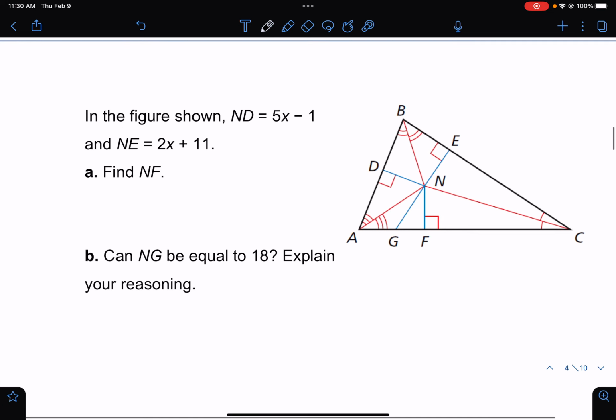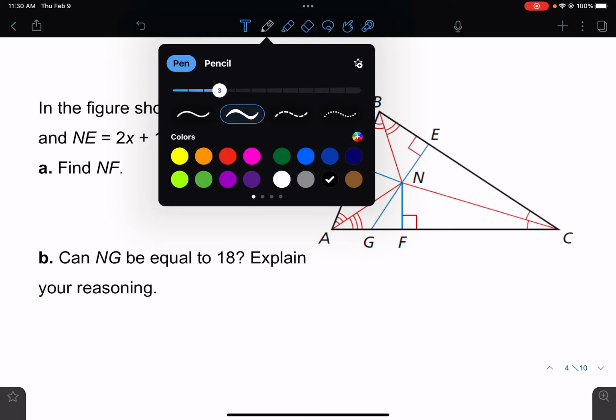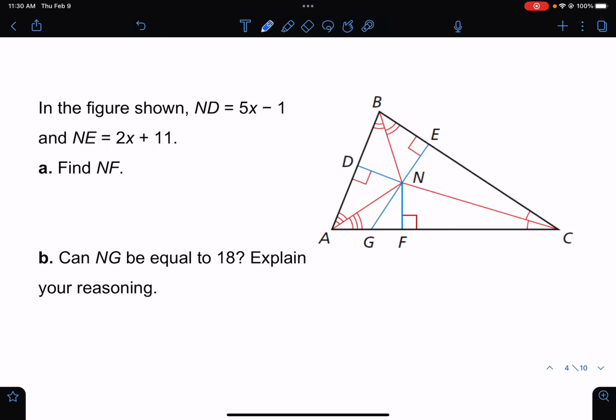So for example, in the figure shown, here's a triangle, ND equals 5x minus 1. So the length N to D, this piece right here, that distance is 5x minus 1. Now what I do when I do these problems is, as it gives me information about my picture, I add that to my picture. So I would put 5x minus 1 right there because it tells me the length of that piece.